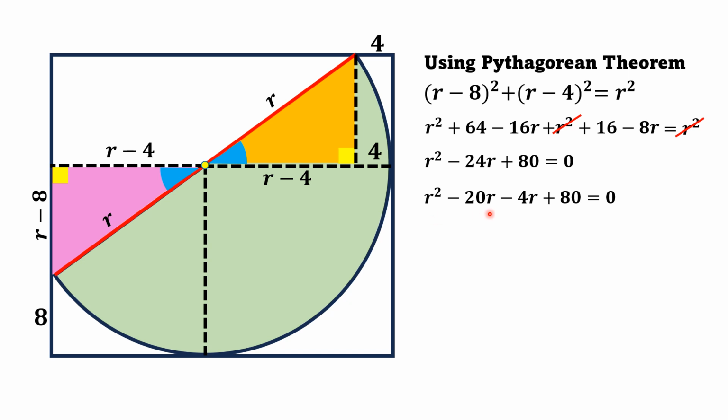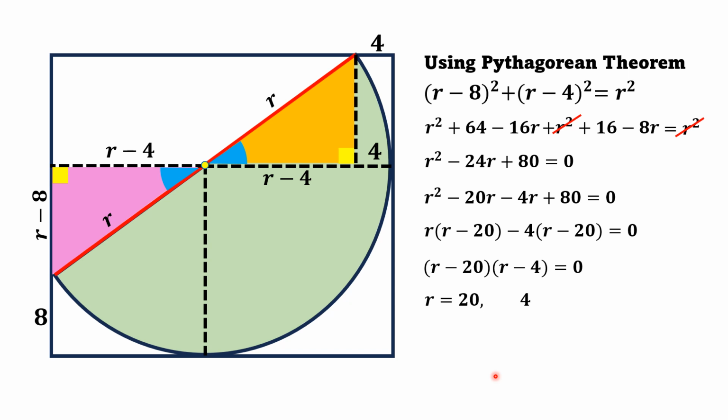So taking r common from the first two terms and minus 4 from the last two terms on the left, we will have r times (r minus 20) minus 4 times (r minus 20) is equal to 0. And from here we have two factors, r minus 20 and r minus 4. So if we find the value of r, we will have two values. One is 20 and the other is 4.